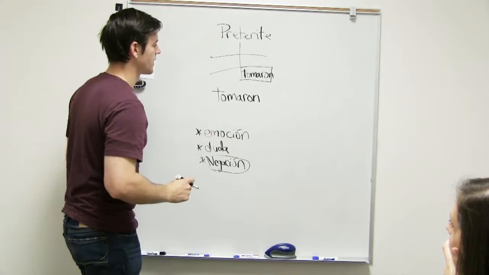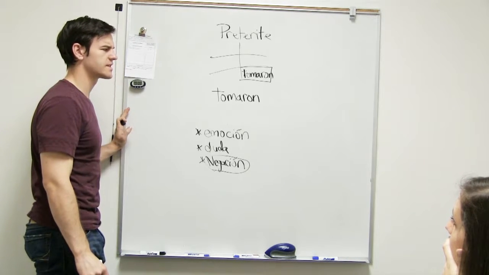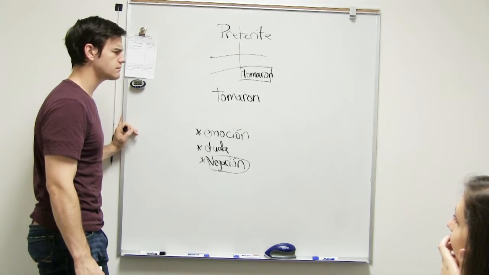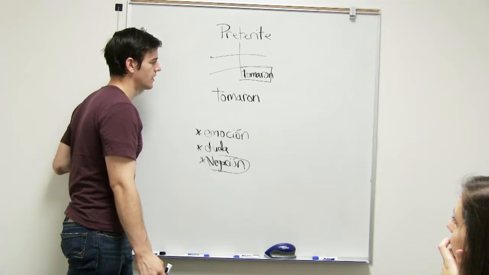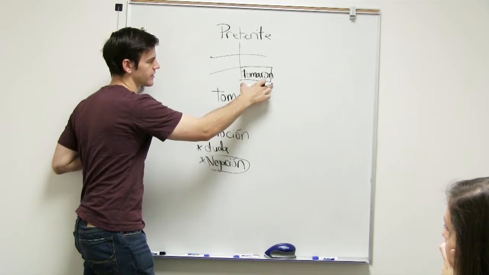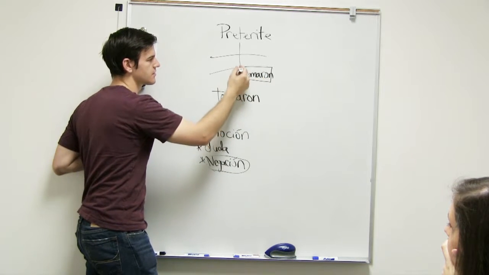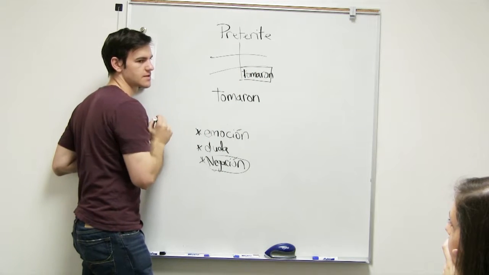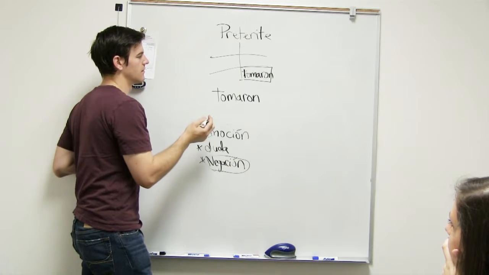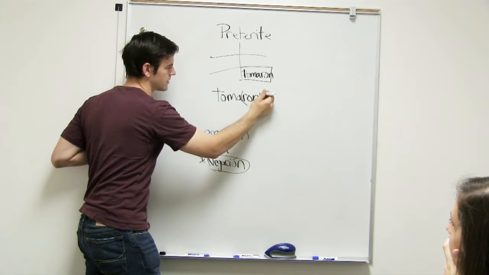Okay, so I'm going to teach it slightly different than your book, but it's going to basically be the same. The way I'm teaching it, you're going to take it to the third person plural of the preterite, so the ustedes or ellos, ellas. And then you're going to remove the RON.